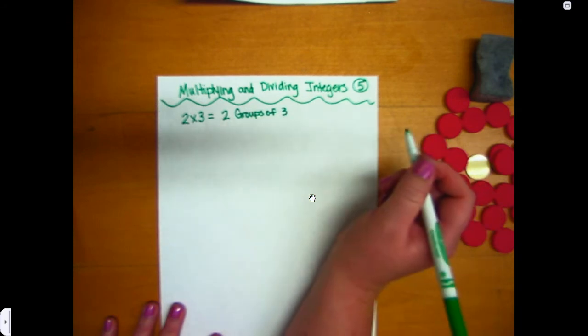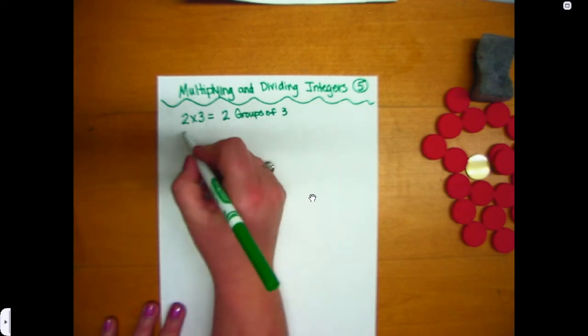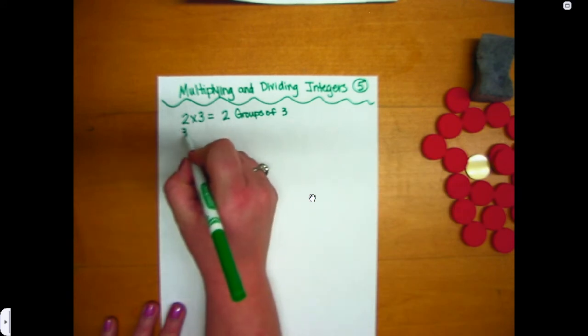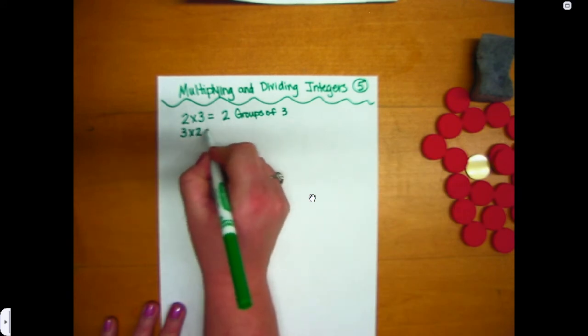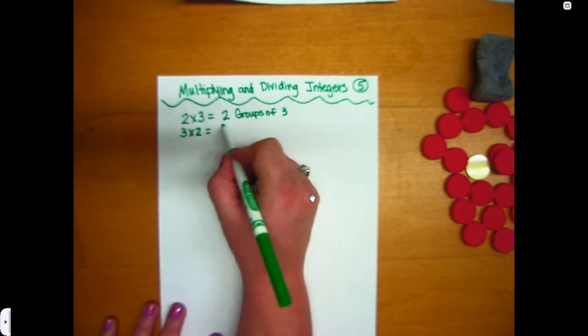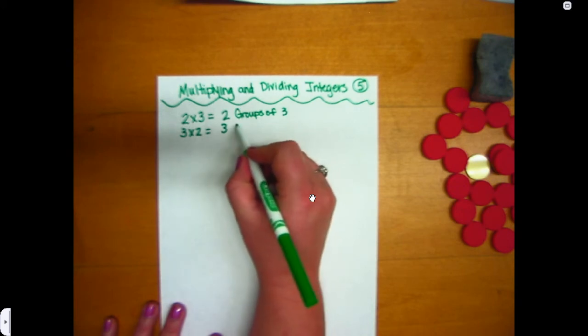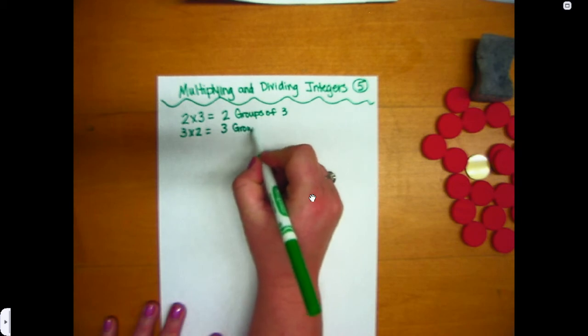And you may remember that from previous lessons over the years. 2 groups of 3. And we also know that 2 times 3 is the same thing as 3 times 2. For multiplication and addition, we can use that commutative property where it doesn't matter what order it's in, it's going to be the same answer. 3 groups of 2.